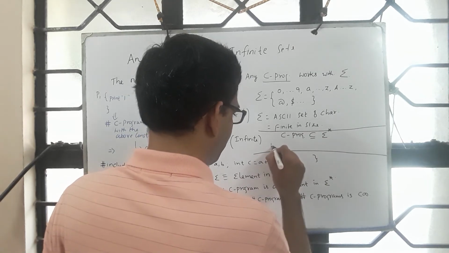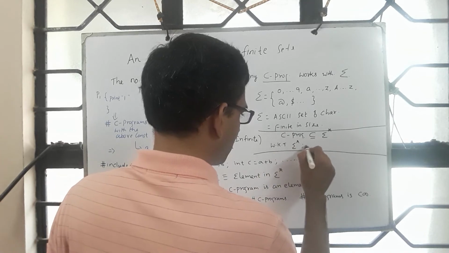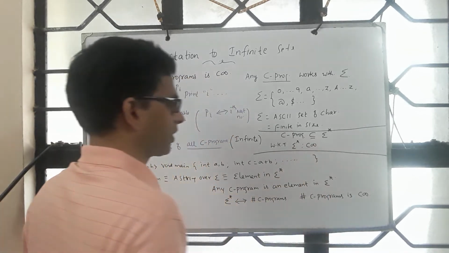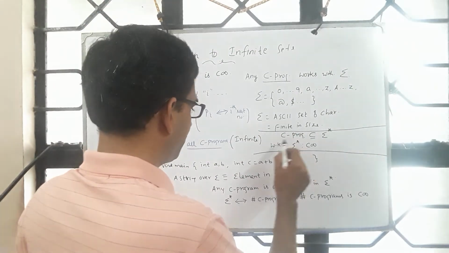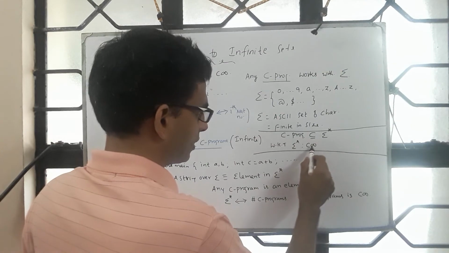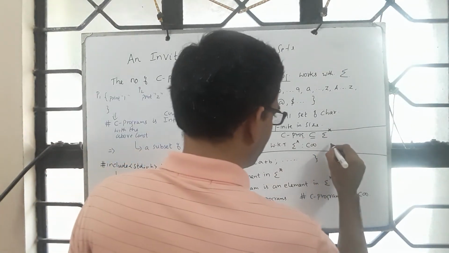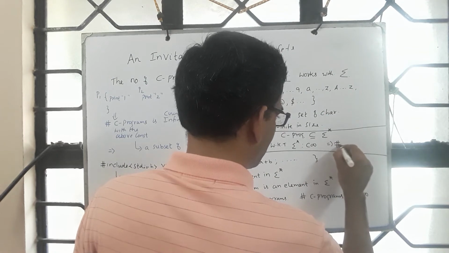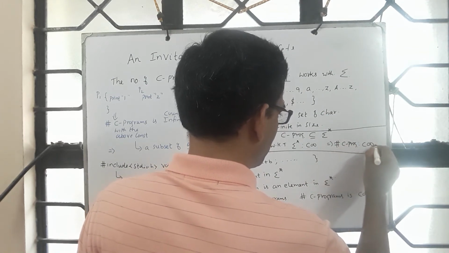And we know that sigma star is countably infinite. The number of C programs is infinite, and its superset is countably infinite. When the superset is countably infinite, you can conclude that the number of C programs is also countably infinite.